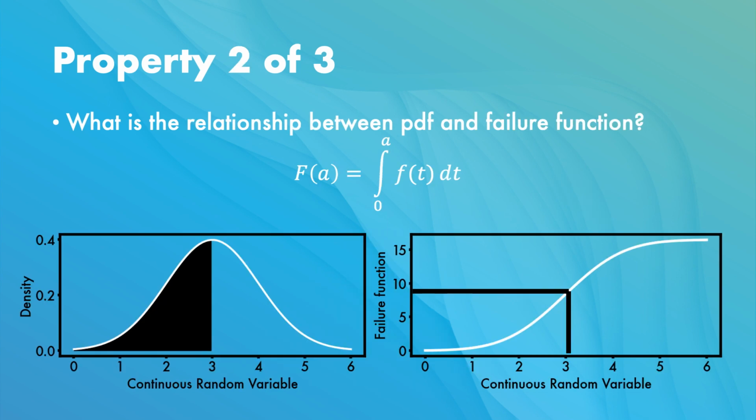A second property has to do with the relationship between the probability density function and the failure function, and it says that the failure function at a given time equals the integral of the probability density function from 0 to that time.